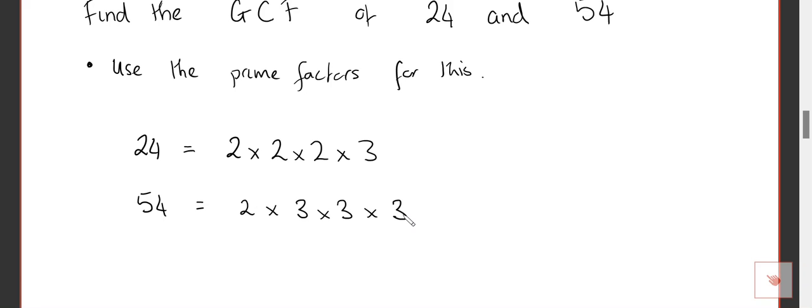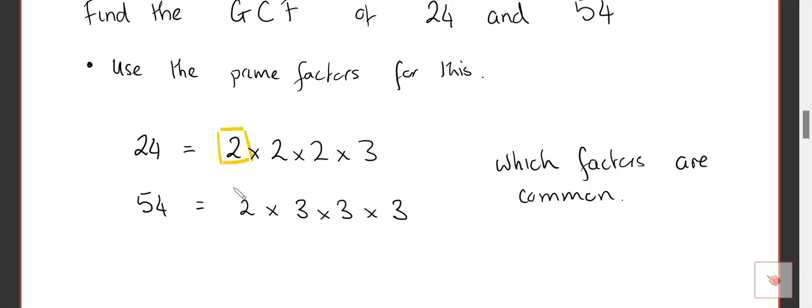It is, but what we want to do then is to find the GCF. We want to know which factors are common. So you remember, if there's a 2 in that one and a 2 in that one, that's one of them. There aren't any other 2s, so we can forget those ones.